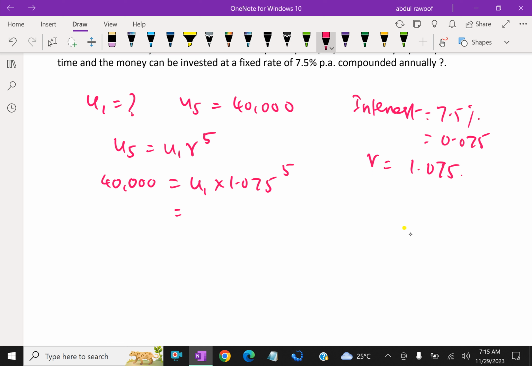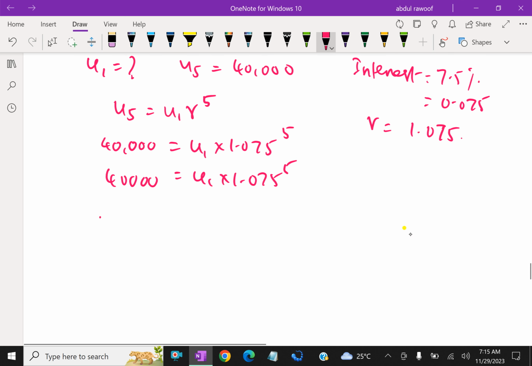This is 40,000 equals U1 into 1.075 to the power 5. Now U1 equals 40,000 over 1.075 to the power 5.